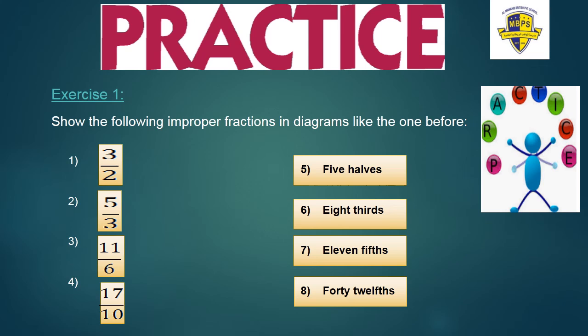This means I have one shape, and this shape I divided into 2 parts. But I want 3 parts. How? I have to do 2 shapes divided into 2, and then color 3. After you finish coloring, you can check your answers. It's there in the last slide.